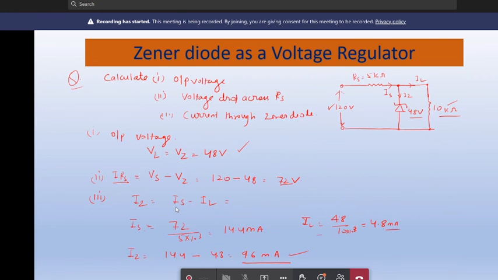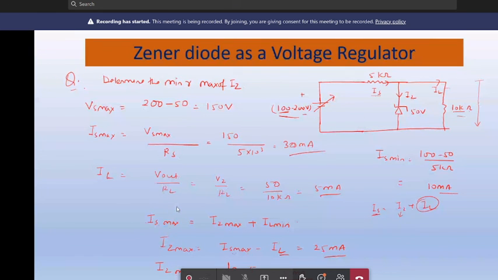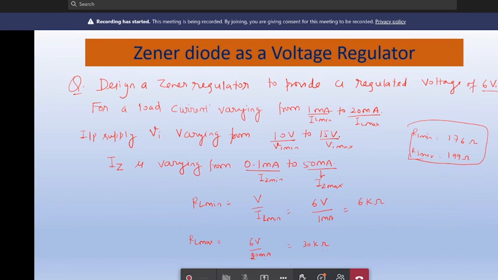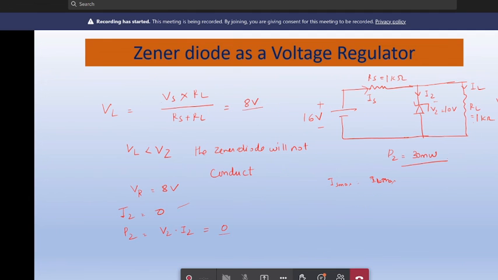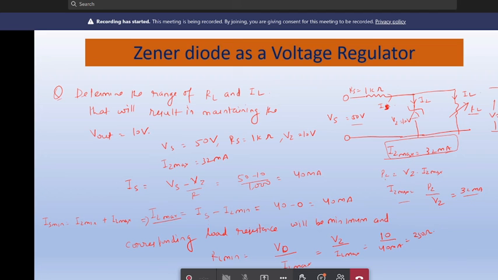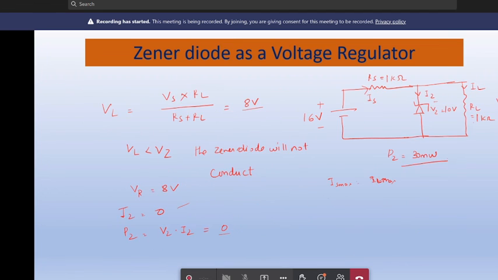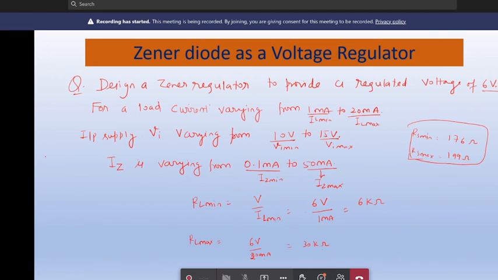No issue. So okay, you just see this numerical. I will upload it with some other numericals also. It is very simple. You have to design a zener regulator to provide a regulated voltage of 6 volt. So the regulated output voltage is given as 6 volt, right?